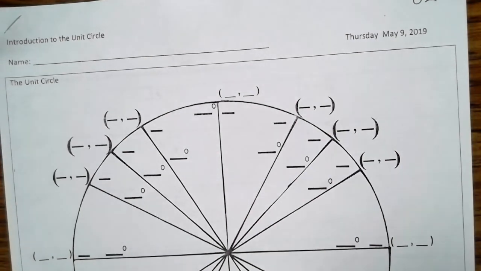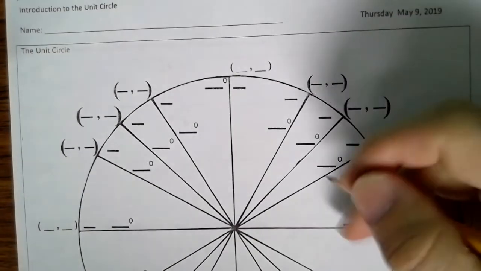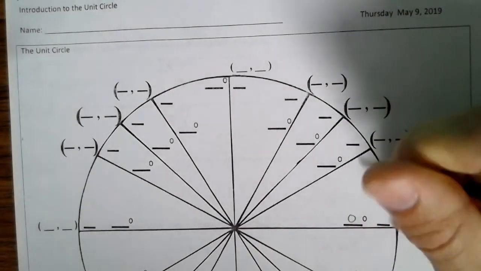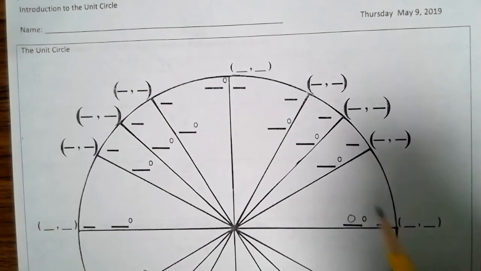All right, so first thing we want to do is start filling in the degree aspect, okay? So we know that this is 0 degrees, okay? Now, the best way to think about how many degrees this is, let's see how many pieces there are.